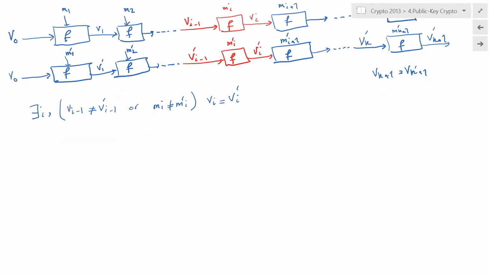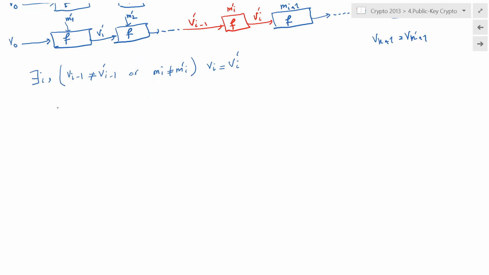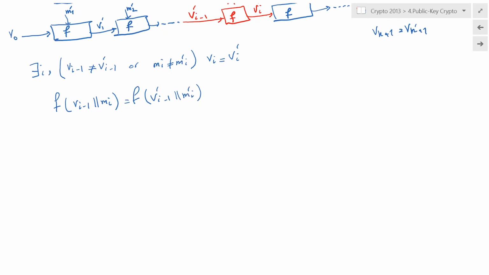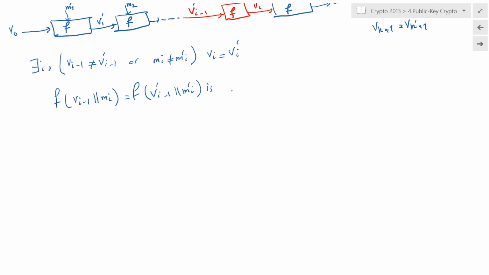And once we find that iteration i, then we say that f of v_{i-1} concatenated with m_i equals f of v'_{i-1} concatenated with m'_i, right, is a collision pair for f.